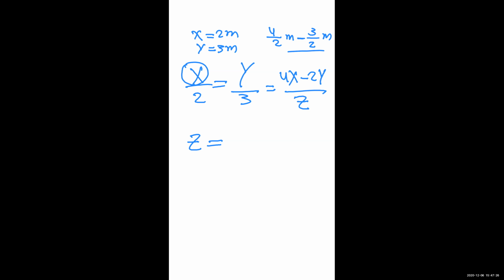Okay, so this is z. Then m will go with m, and the answer will equal 2. Why 2? You said it's 4 over 2m minus 3 over 2m, so this means 1 over 2m.